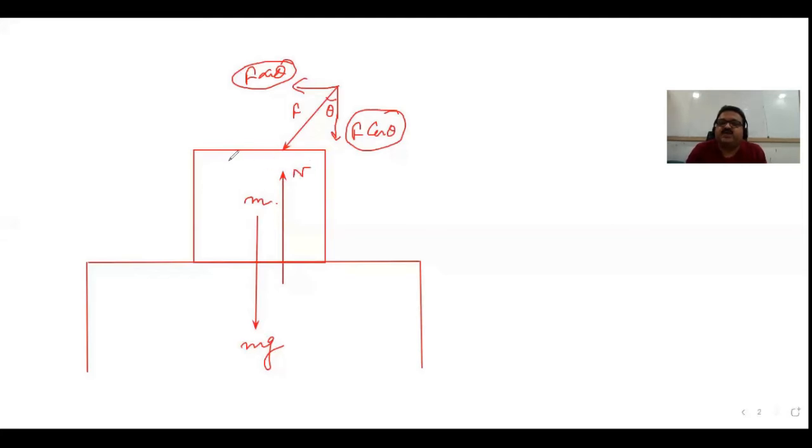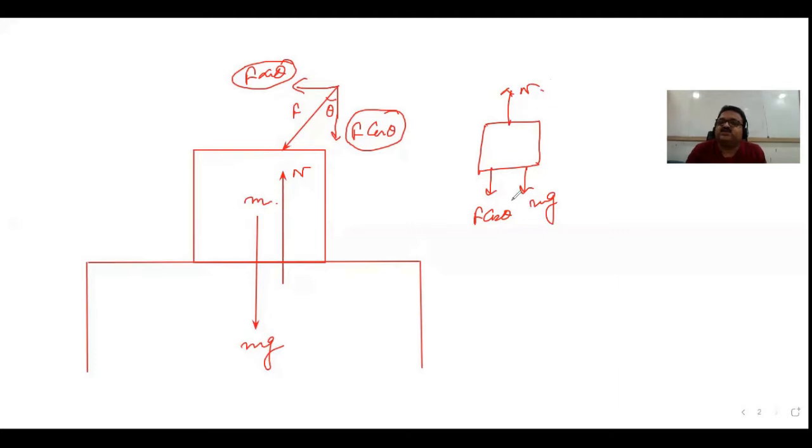Now the body is in equilibrium over the surface of the table, neither moving up nor moving down. It means all the forces acting perpendicular to the surface upward and all the forces acting perpendicular to the surface downward must be equal. So what we can write, look, F cos theta and mg, both of these forces are acting downward, and normal reaction is acting upward.